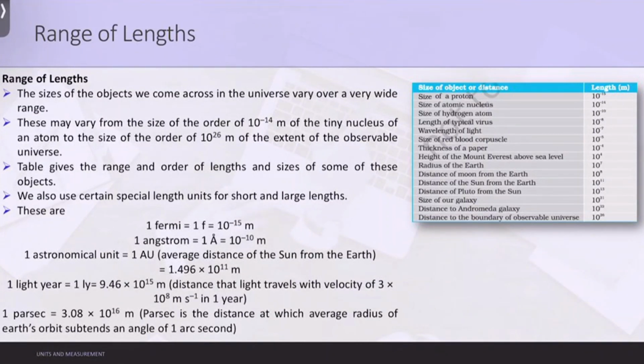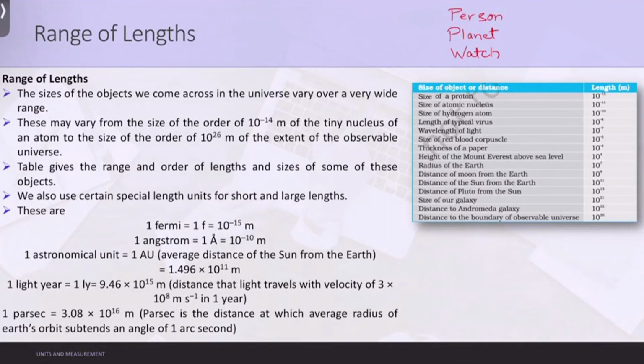Range of lengths. The sizes of the objects we come across in the universe vary over a very wide range. Quite evident. Even if I take anything, say a person, or let's say a planet, then one thing can be, let's say, a watch.